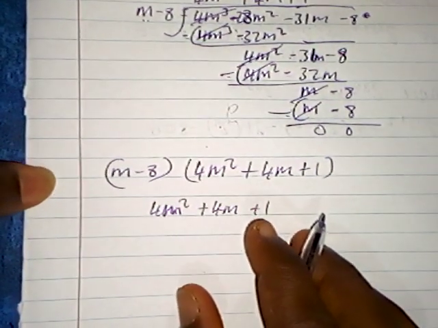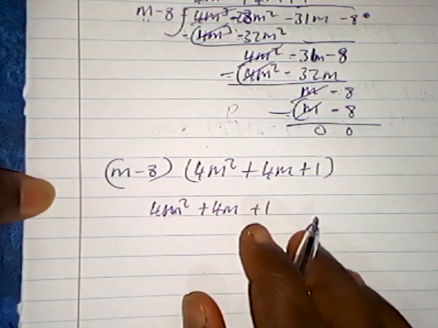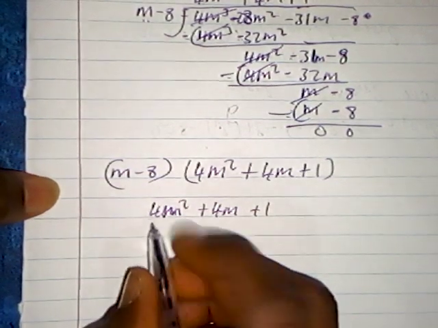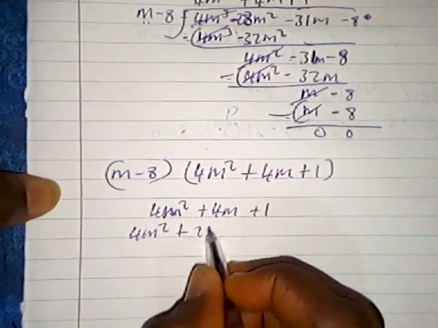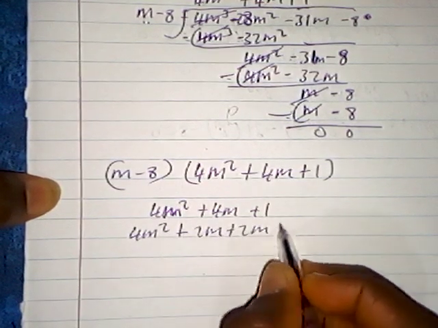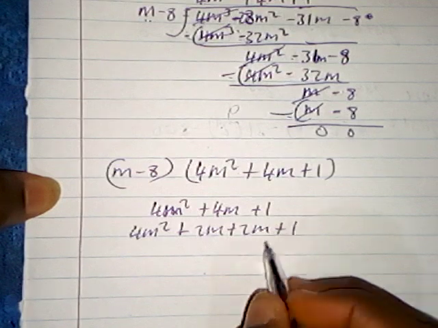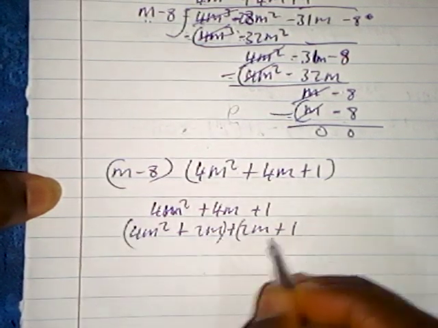What are the two factors if you use 4m square plus 4m? It's 2. So we say what? 4m square plus 2m plus 2m plus 1, right? Good. Try to find our factor.